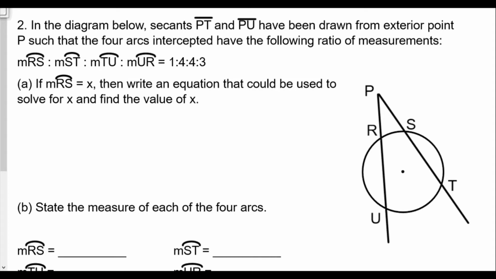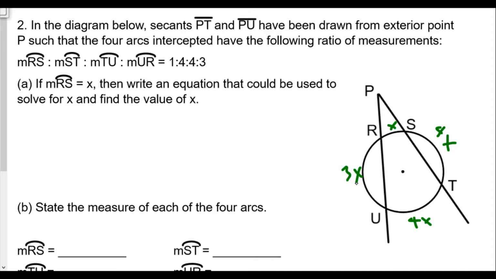Well, let's take a look. If the measure of RS is x, that's 1, that would mean the measure of ST would be 4x because it's 1 to 4. The same for the measure of arc TU, which would be 4x, and the measure of arc UR would be 3x.